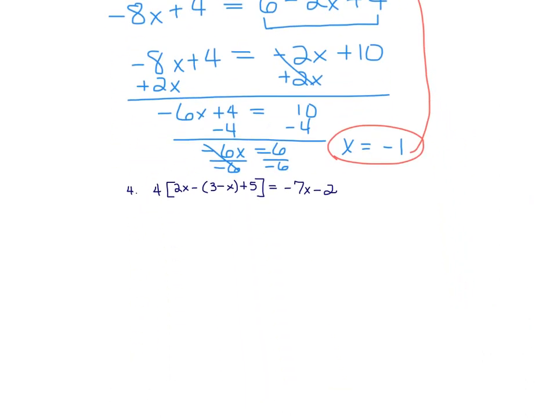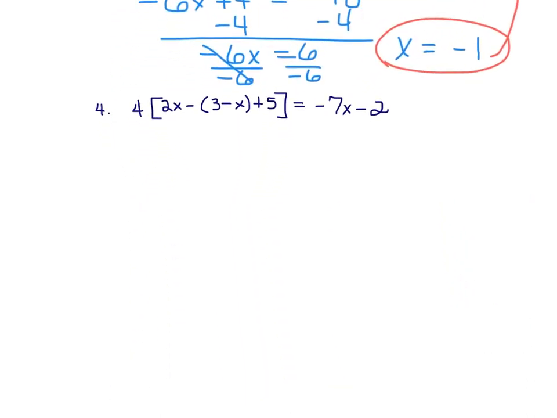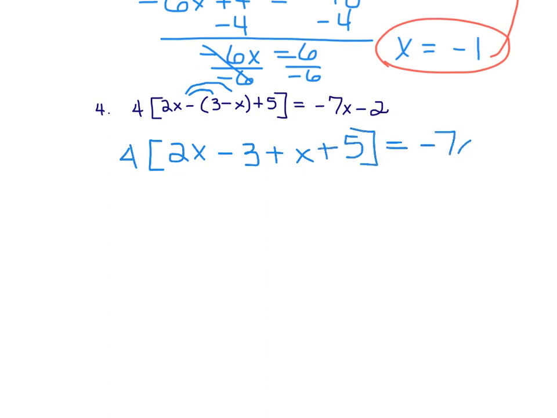For number 4, I am going to work within the brackets first. So I'm going to rewrite the 4 and the bracket. I'm going to distribute into the parentheses first. So this will become 2x minus 3 plus x plus 5, and then I'm going to close the brackets, and then it equals -7x minus 2.